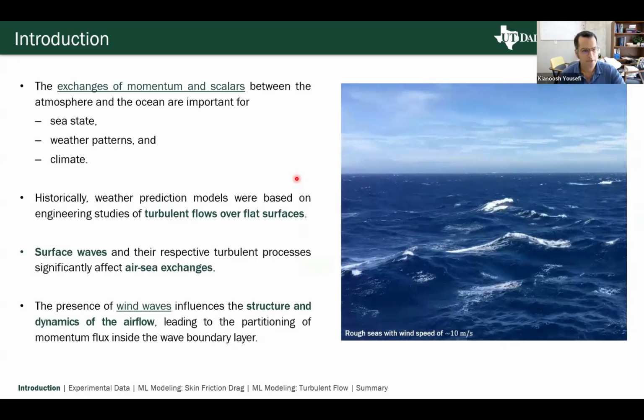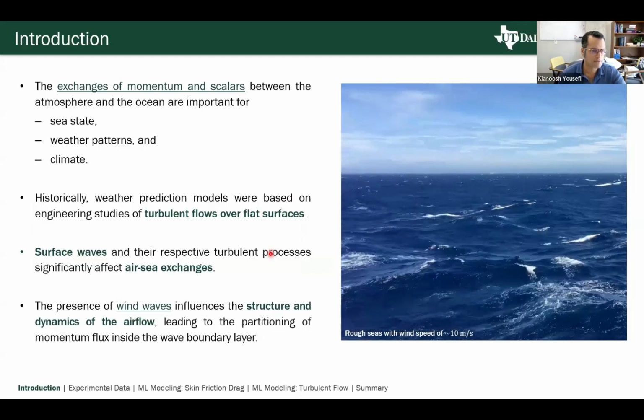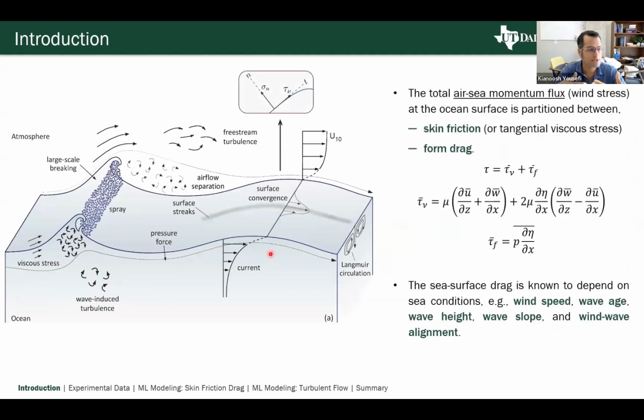When waves are appearing at the surface, there is a complex interaction between the mean flow, the wave coherent flow, and the turbulent flow. At the surface, the total momentum flux, or wind stress, will be a combination of skin friction drag and form drag. So the total wind stress, or the total RC fluxes, momentum fluxes, and energy fluxes inside the wave boundary layer are of high interest to be parameterized.